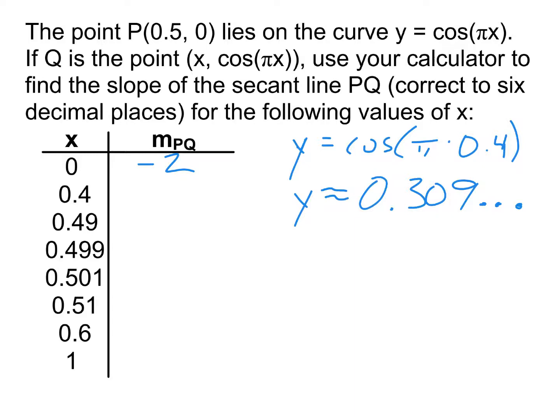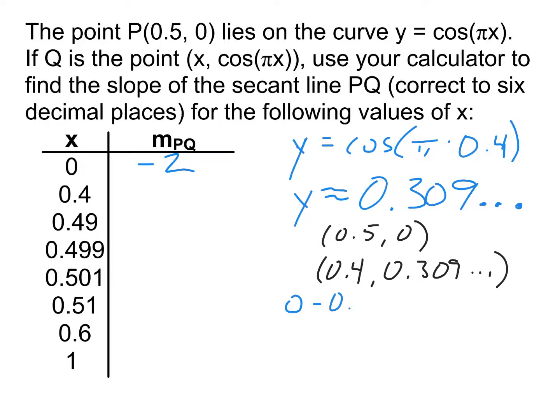So now I need to find the slope between 2 points. Again, it is between 0.5, 0, because it's all between that point and the point that we're finding here, which is at 0.4, 0.309, and on and on and on. And so we're going to go delta y, 0 minus 0.309, and on and on and on, over 0.5 minus 0.4.